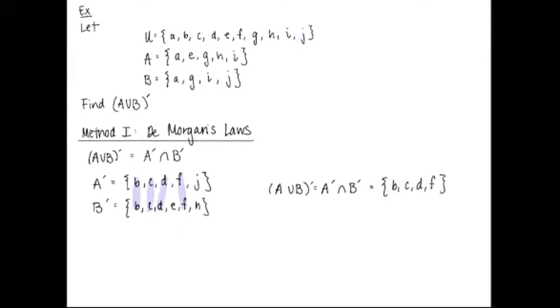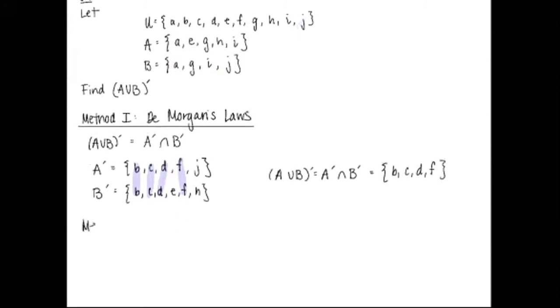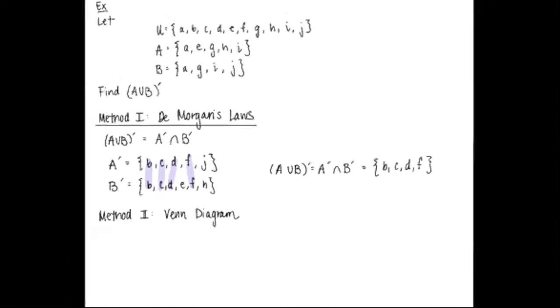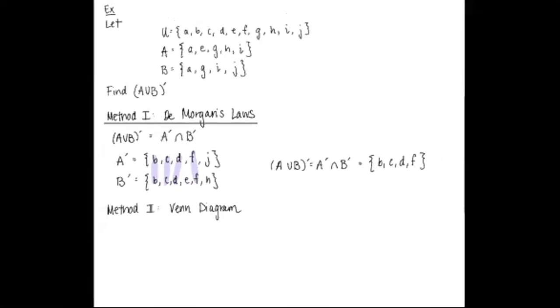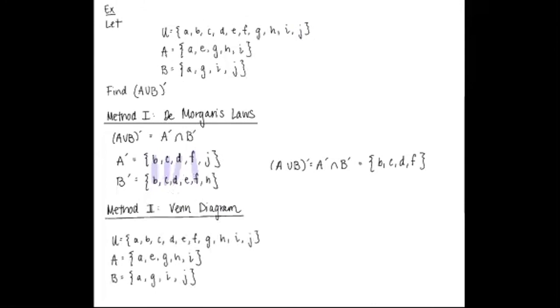Now, realistically, if you wanted to use a Venn diagram, that's perfectly fine. I'm going to go ahead and copy these down here so I can cross stuff off a lot easier.